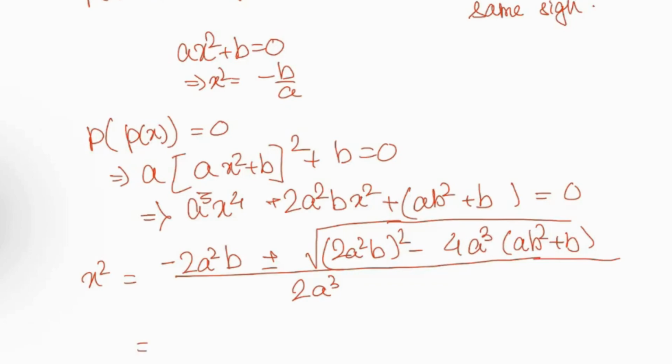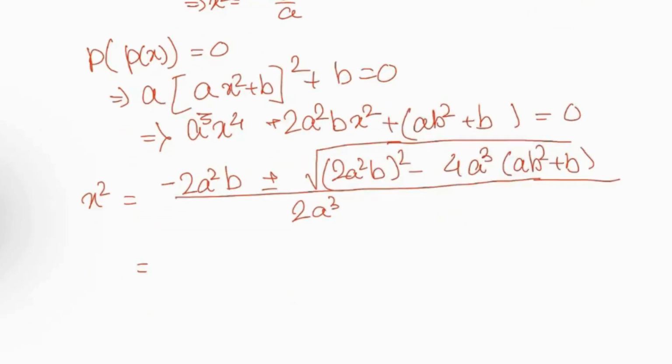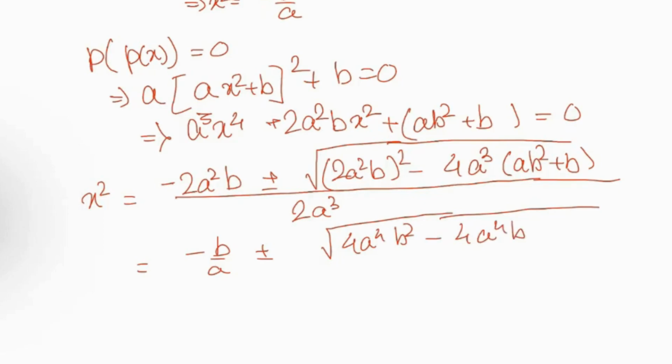Now if we keep solving, we get something like minus b by a plus minus square root of (4a to the power 4 b square minus 4a to the power 4 b square minus 4a cube b) by twice a cube.